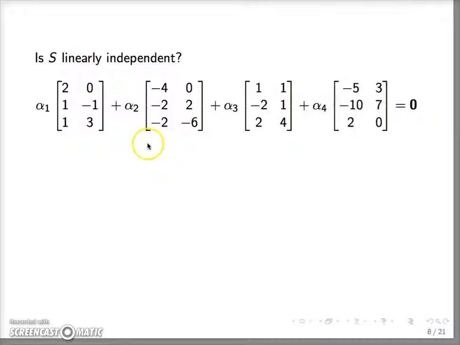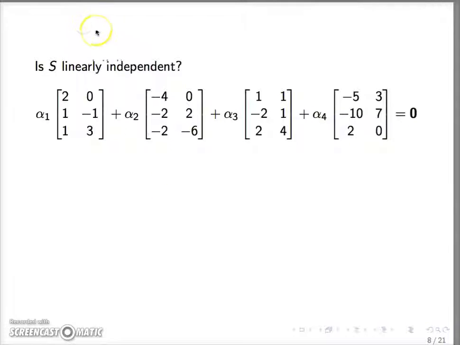We could think of S as being a set with elements U1, U2, U3, and U4.